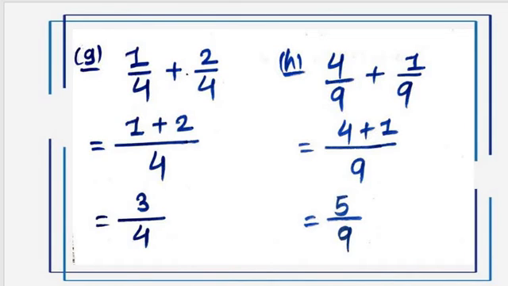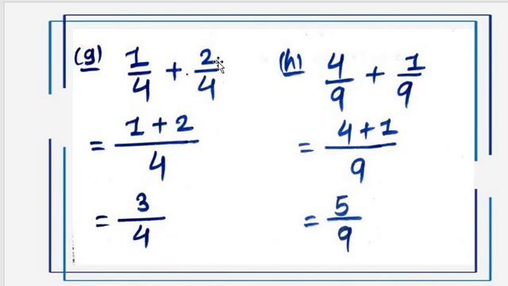So now we write the answer, how we solve it: 1 plus 2 upon 4. Why do we write 1 plus 2? Here we are doing the addition of like fractions. That's why we write only the numerators on top. So 1 plus 2, my dear students. Understood?